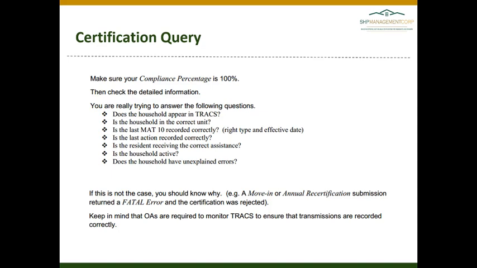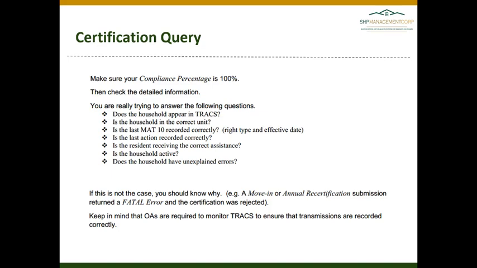For example, you'll be reviewing to ensure that active households on your HAP appear in TRACS, that households are in the correct unit, that the last certification is recorded correctly with the correct type and effective date, that the last action is recorded correctly, that the correct assistance is listed, the household is active, and if there are any unexplained errors, that we are addressing these errors and correcting them in a timely manner.